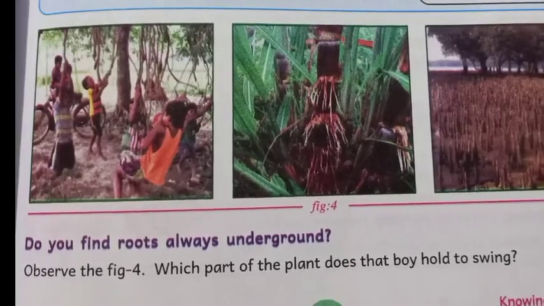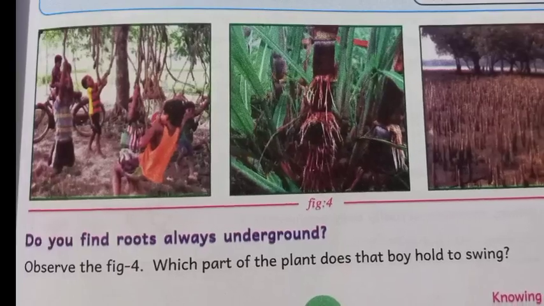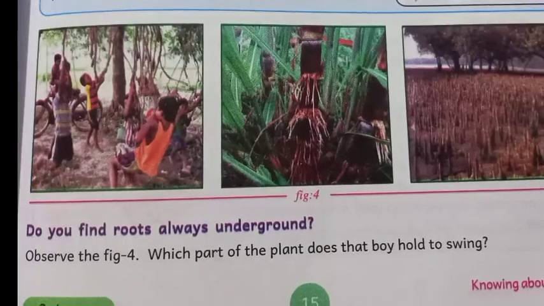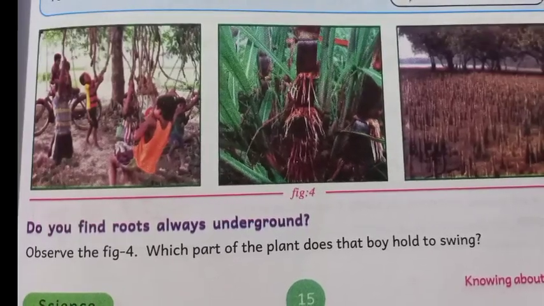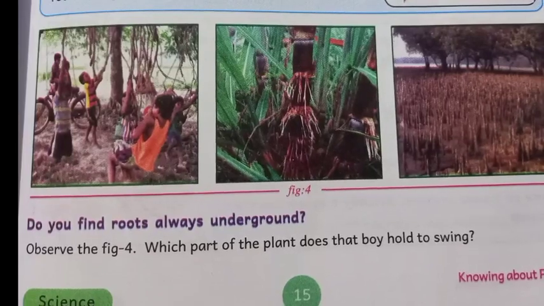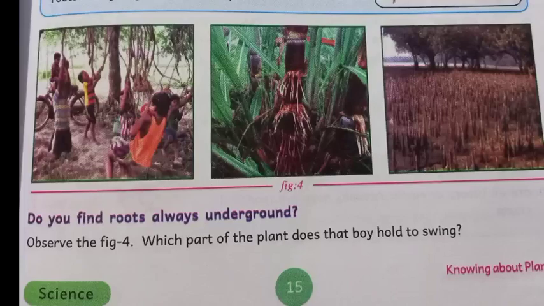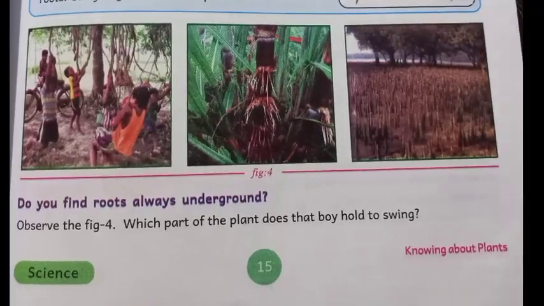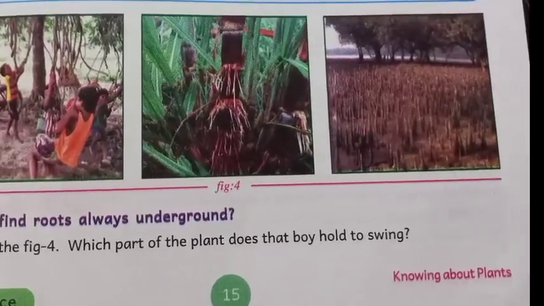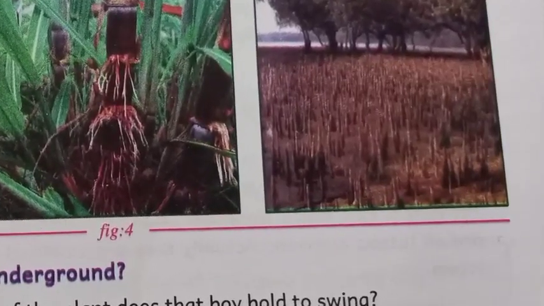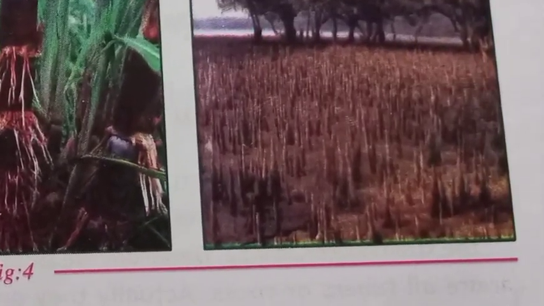They give additional support to plants like the banyan tree, sugarcane, and maize. These aerial roots are helpful in respiration in mangroves. Mangroves are such a type of plants.